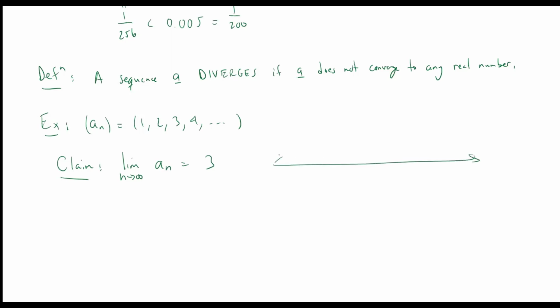Here's your intuition. It gets close to 3, right? Because look, 1, 2, 3, boom, that's as close as you can get. But what's the problem? It got close to 3, but what's the second half of that informal definition? Not only does it get close, it has to stay close. Yeah, exactly.